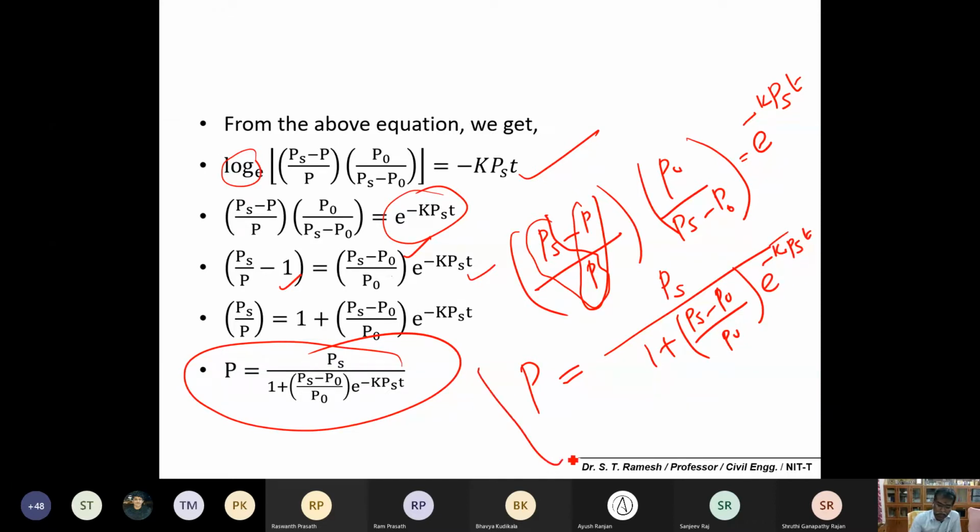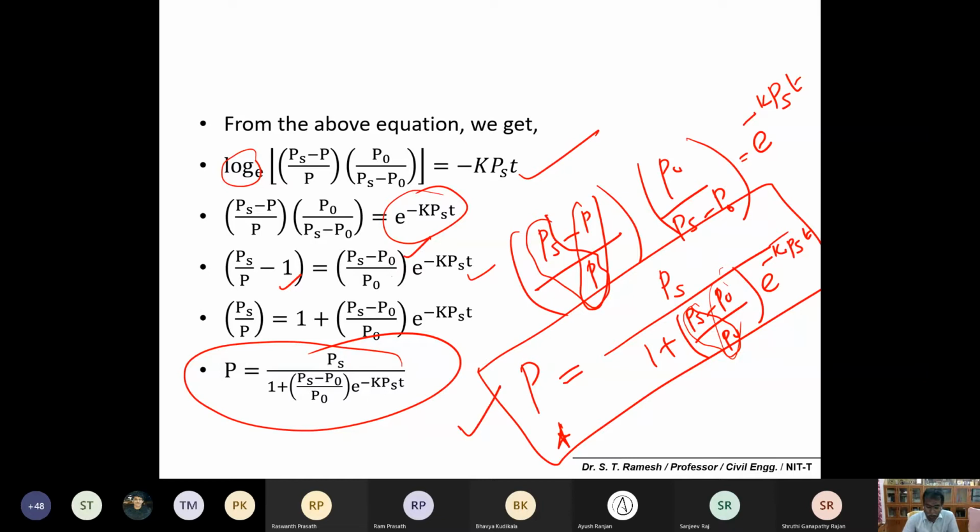Is it okay? You can also remember it simply as 1 plus Ps by P0 minus 1. You can calculate using this formula.